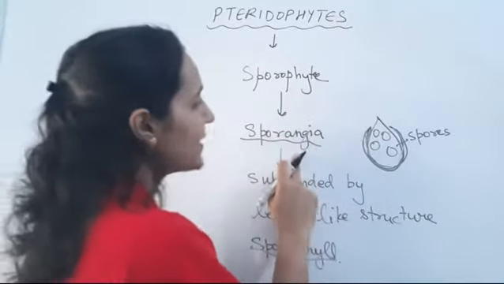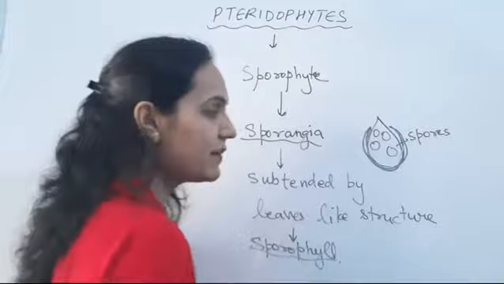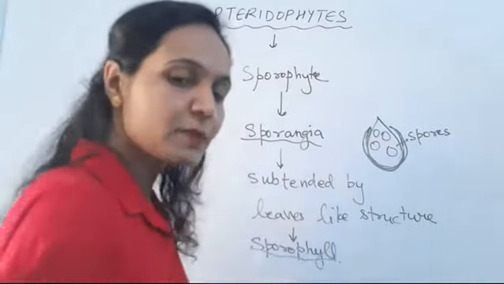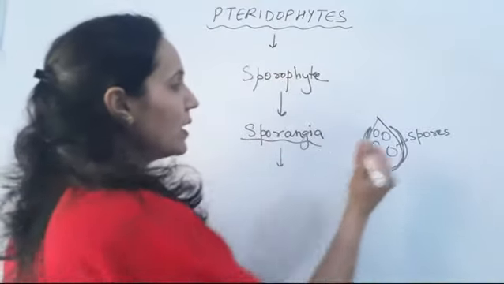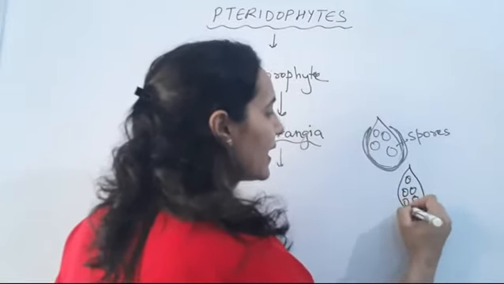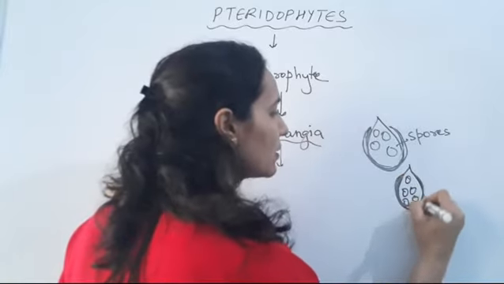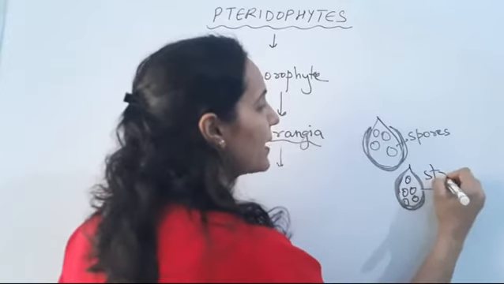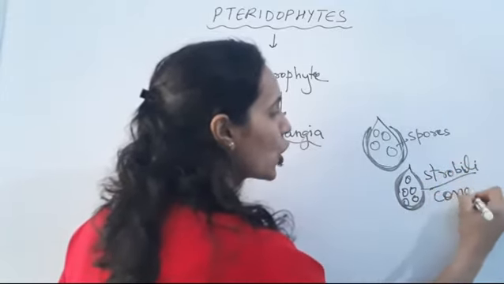If these sporophylls are in a compact stage, forming a compact structure with the sporangia, then they are known as strobili or cone.